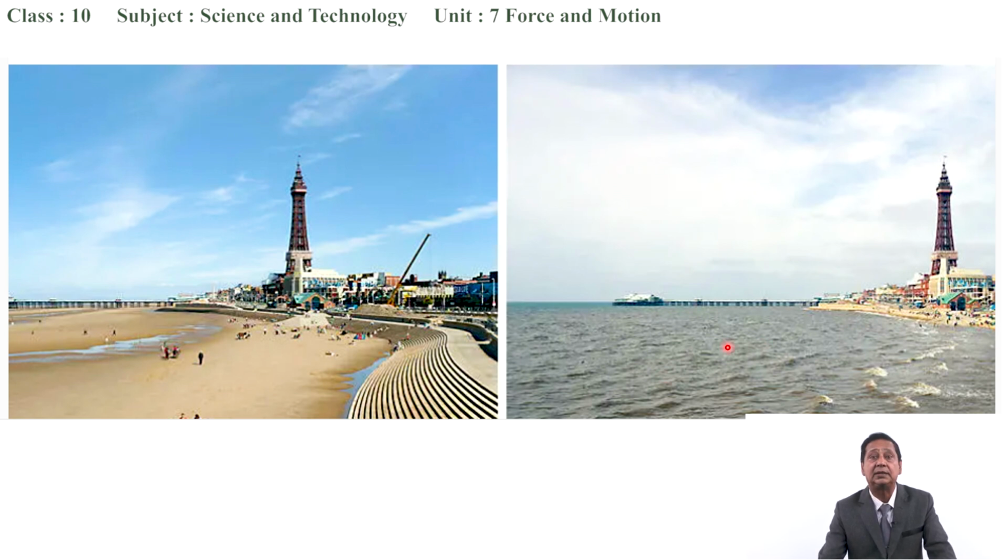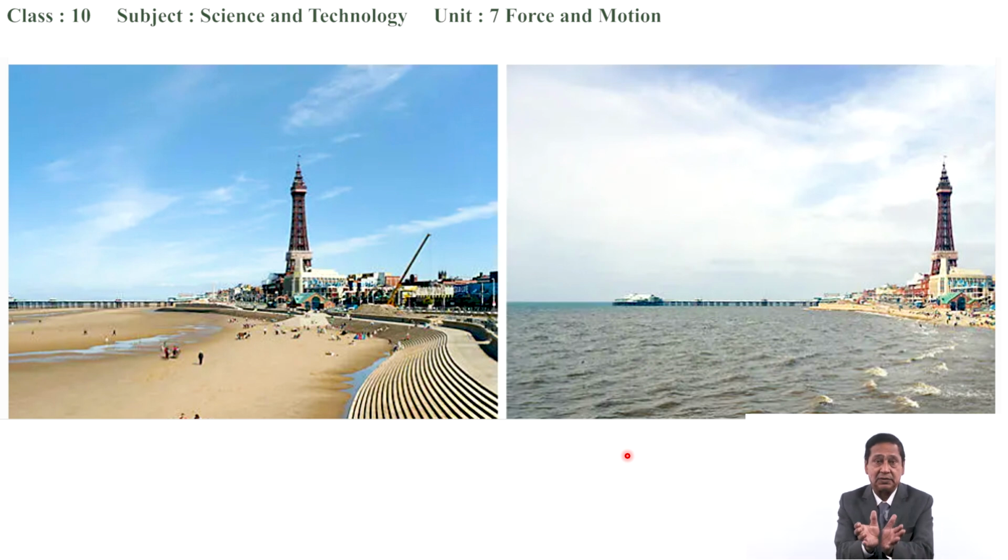What is the reason behind this? This is because of tide. Do you know what a tide is? The rise and fall of the level of water in the sea and ocean is called tide. Sometimes the level of water rises up and again it falls down. This cycle occurs after every 6 hours.